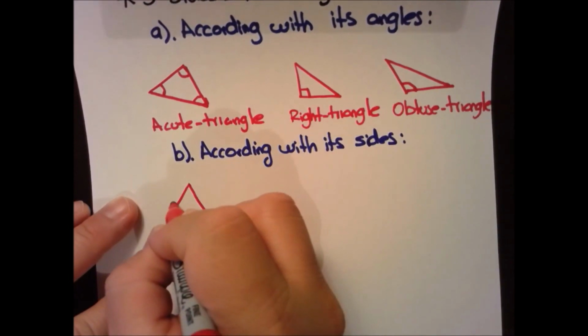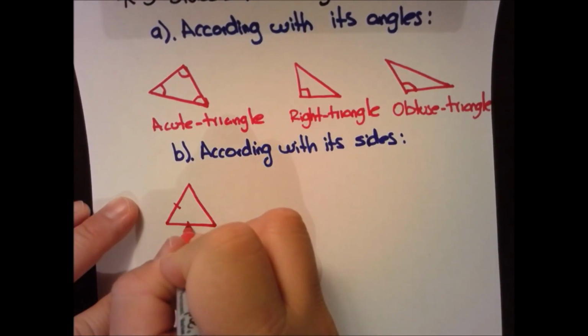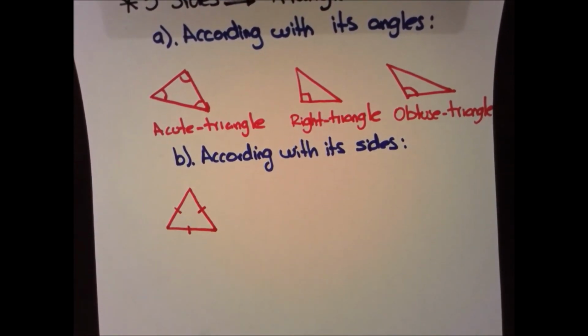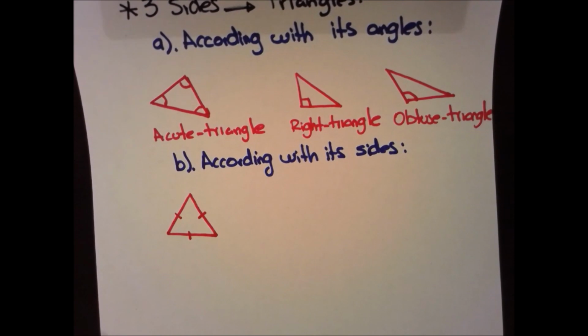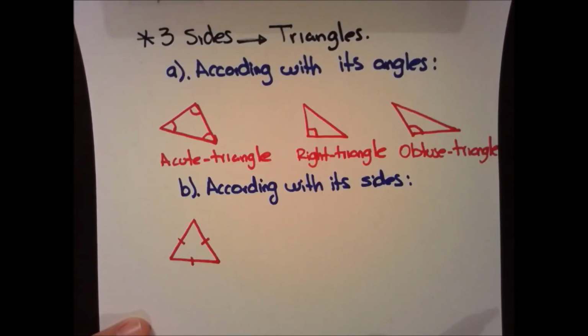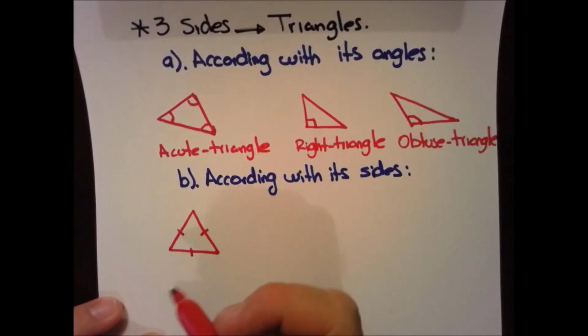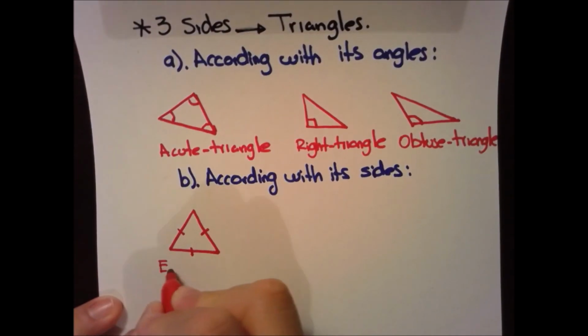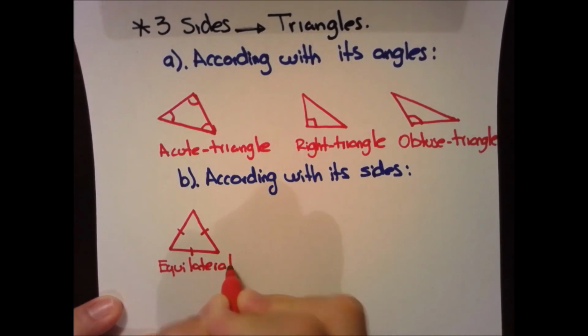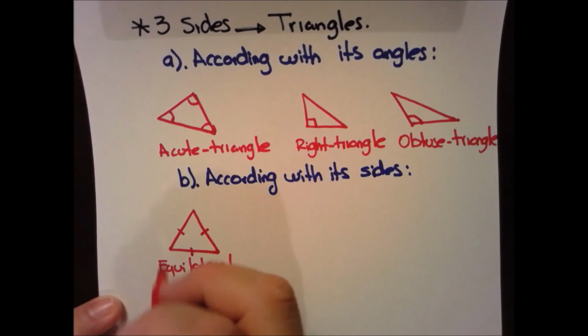The measure of this side, the measure of this side, and the measure of this side is going to be exactly the same. The name of that triangle is equilateral triangle. Equilateral means that they have the same measure of the three sides.